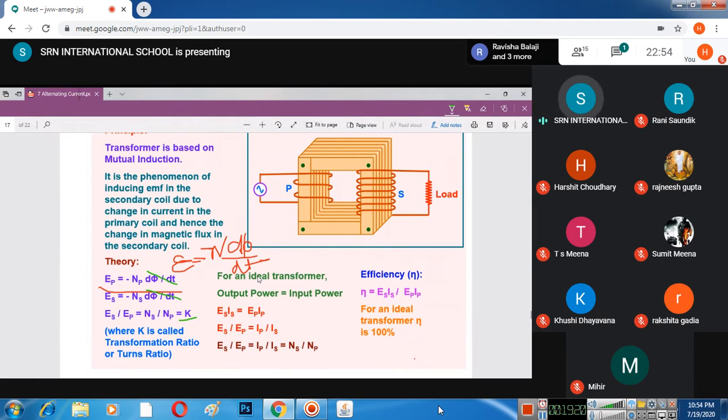Now, if we talk about the ideal transformer, output power must be equal to input power. Output power, that means secondary power, ES multiplied by IS, is equal to the power in the primary, EP multiplied by IP. If we bring the same type of terms to one side, ES divided by EP is equal to IP divided by IS.